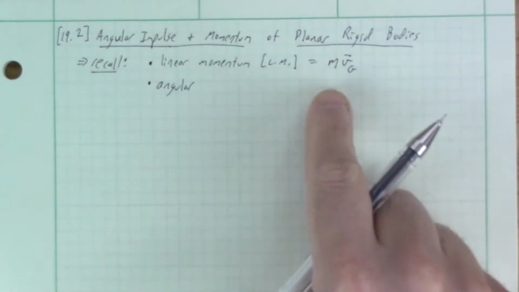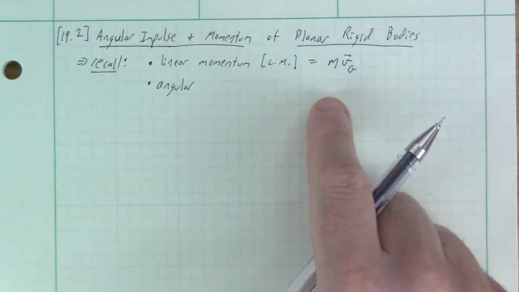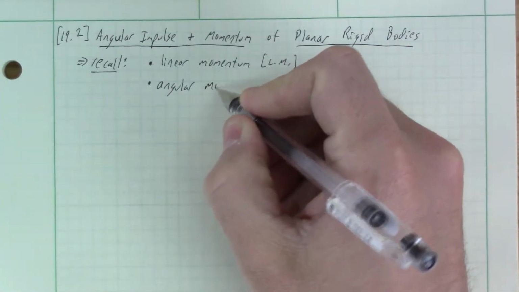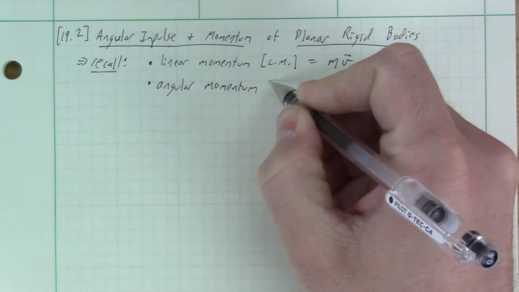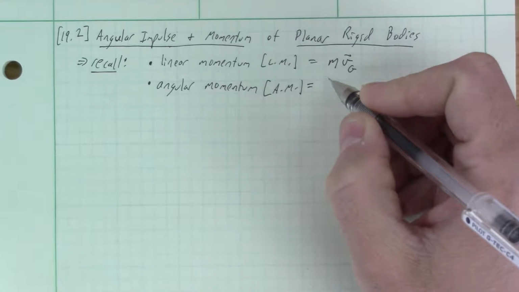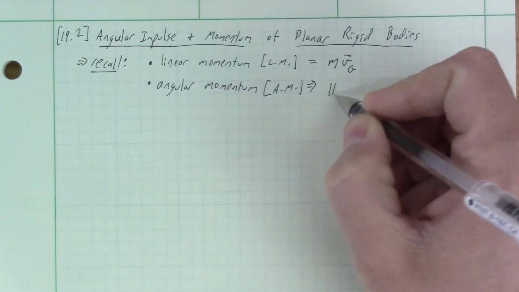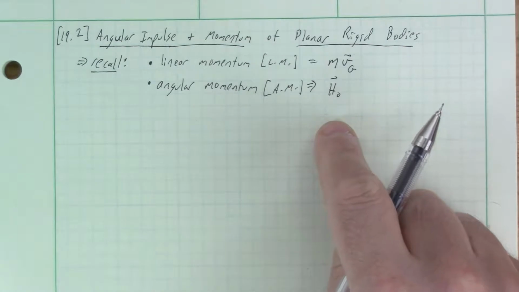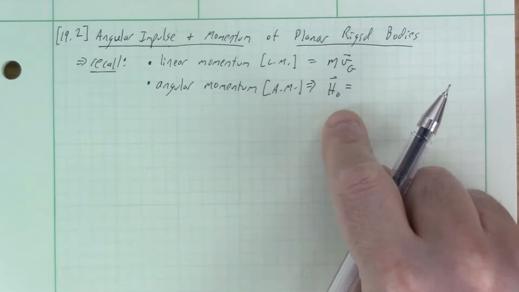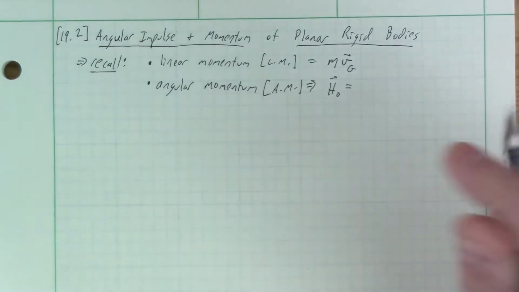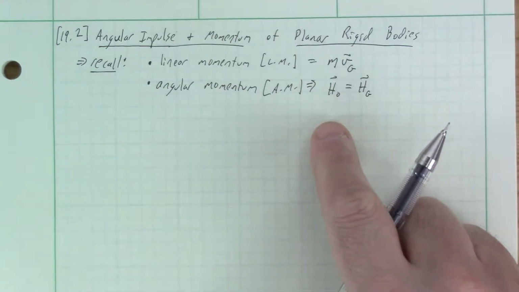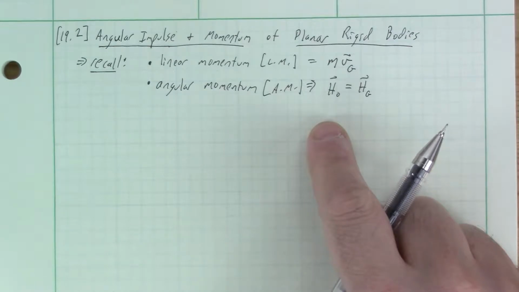we can then define the motion of individual points on the body separately, and that involves talking about the angular momentum. Again, still a review, nothing new here. We give a few different symbols, but basically H is our angular momentum symbol. It is also a vector, and this is the angular momentum about a point O. With all these rotational things, there has to be a point about which we are taking rotations or doing a moment.